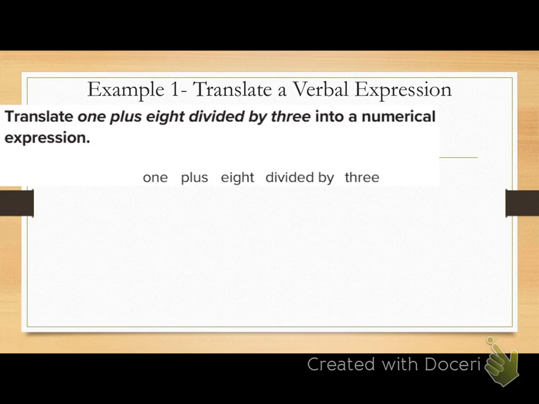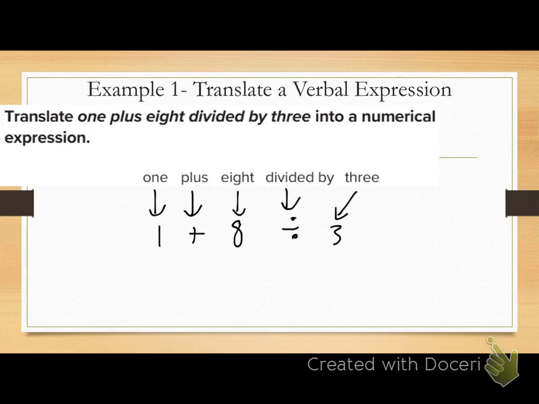What do you think I need to write for 1 plus 8? 1. What does plus mean? Add. The addition sign, right? And then your 8. And then divided by 3. Right? 1 plus 8 divided by 3. Everyone okay with that?